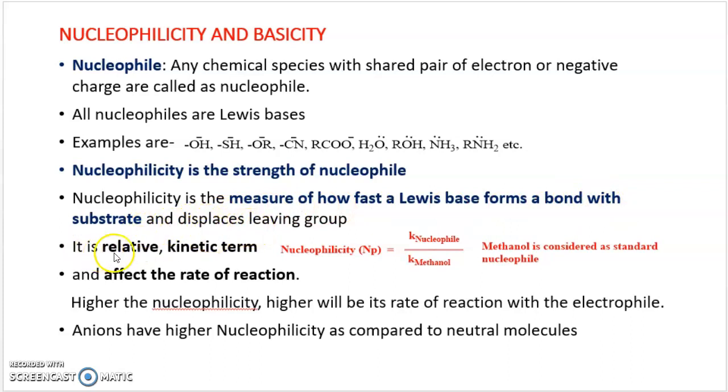So it is a relative term, meaning it is relative to another. For example, nucleophilicity equals K of the nucleophile divided by K of methanol. Here we consider methanol as the standard nucleophile.